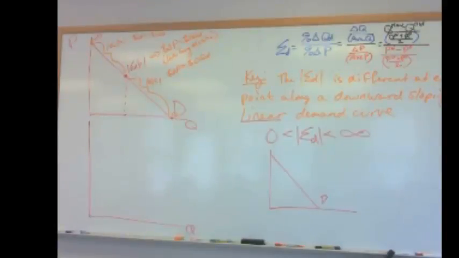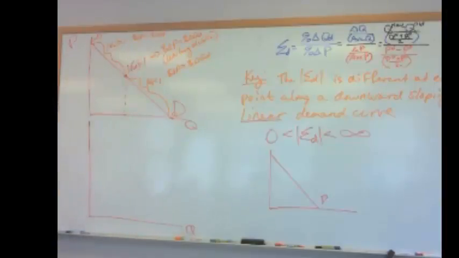Because it's using a broader range. A broader range of what? Prices or quantities? Which one has the bigger percentage change? Quantity. So we're getting bigger bang for our buck, right? A big response in quantity to a small change in price.